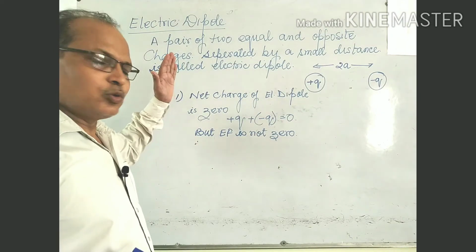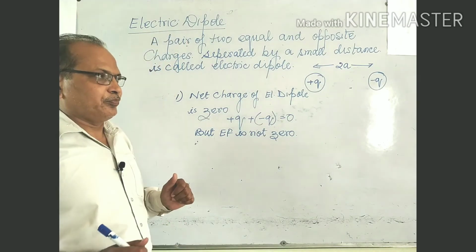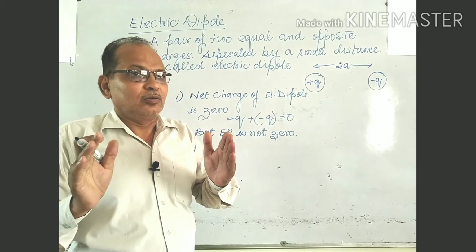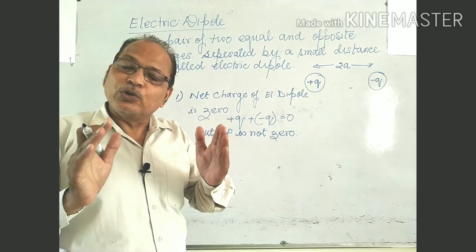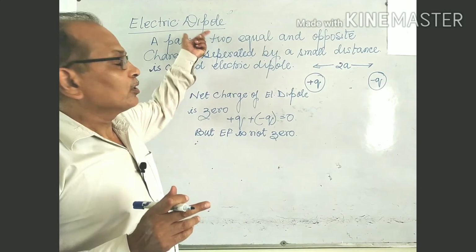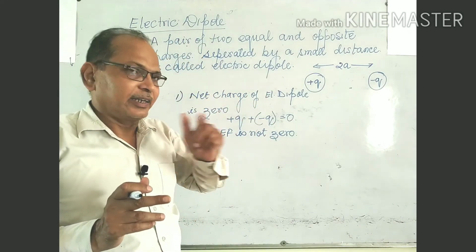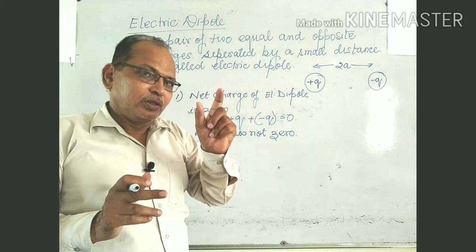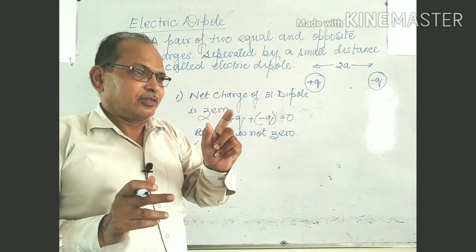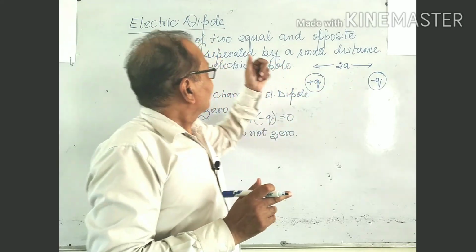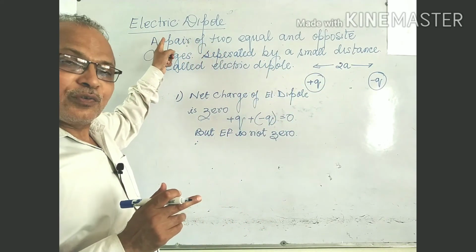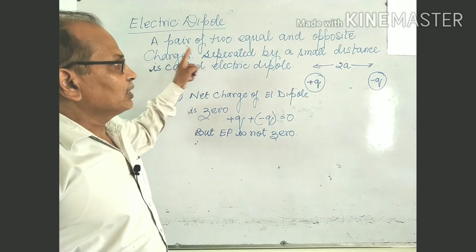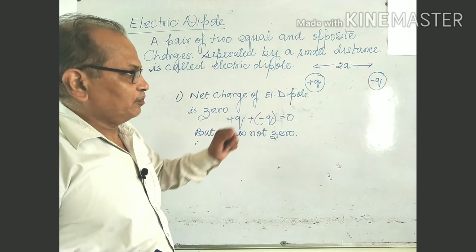Now we will study the electric dipole. As the name indicates, electric dipole means two different poles, positive and negative. Definition of electric dipole: a pair of two equal and opposite charges separated by a small distance.